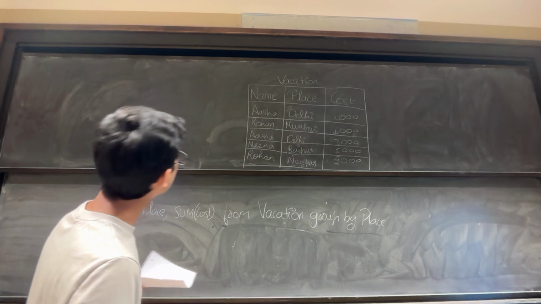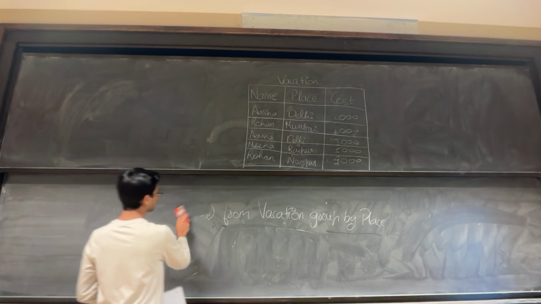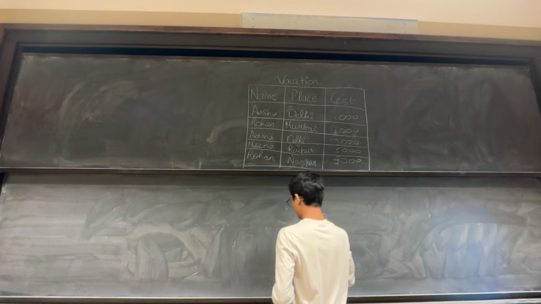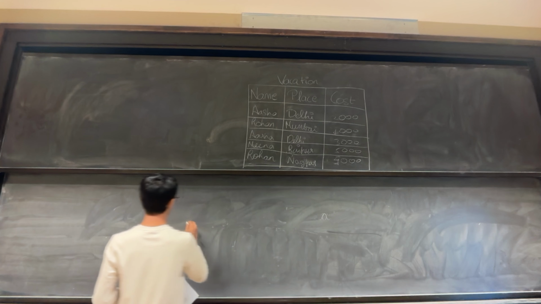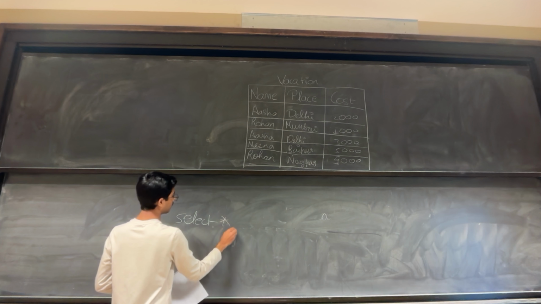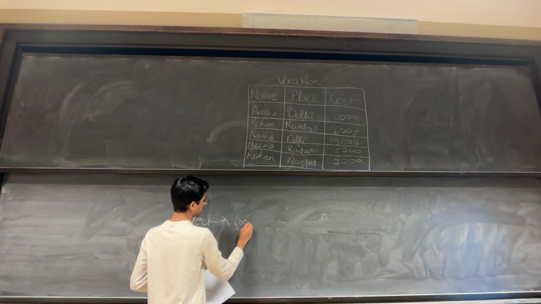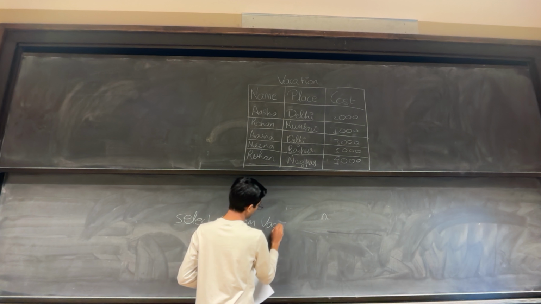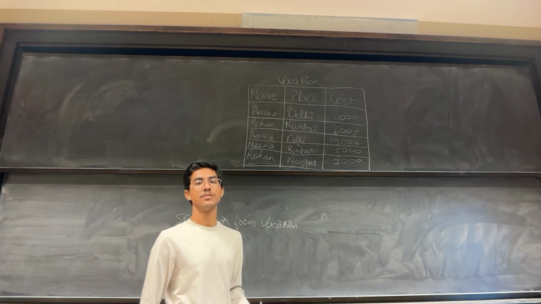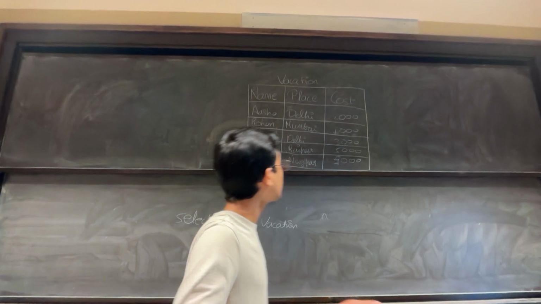So let's say I want to select everything in this table and then set it in, let's say, descending order. So the way I'll do that is by writing select star from vacation, and we are trying to order this based on the cost.